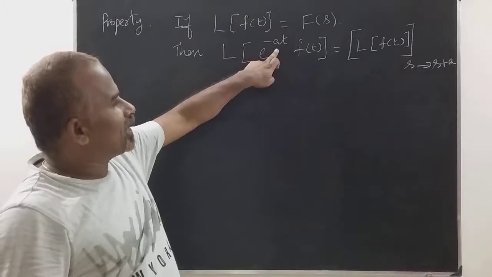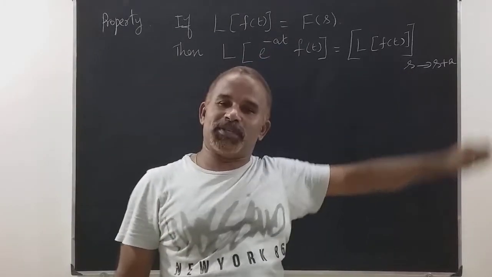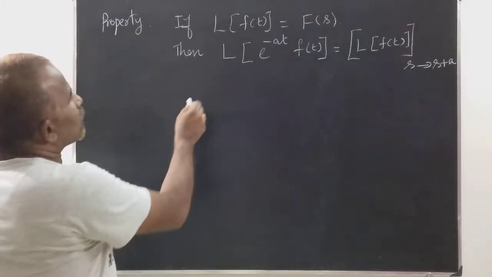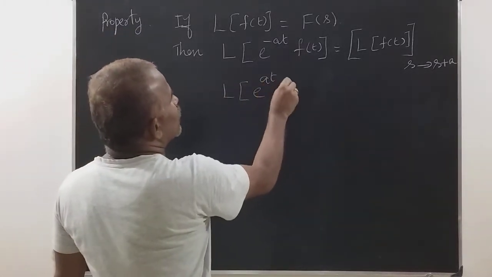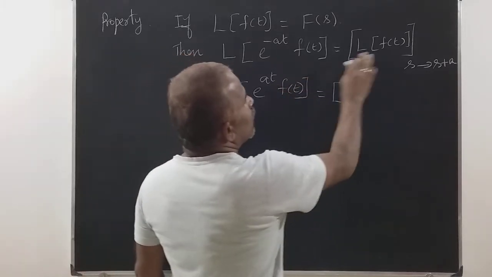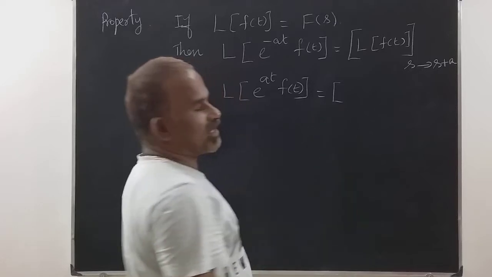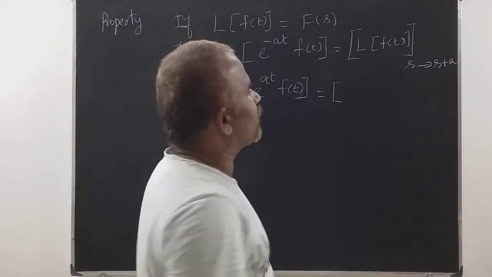If it is e power minus at, we have to replace s by s plus a. Similarly, L of e power plus at f of t is equal to F of s, where s is replaced by s minus a.